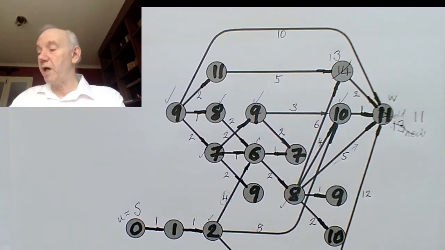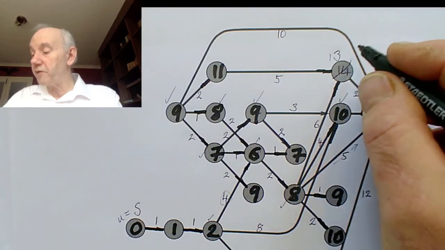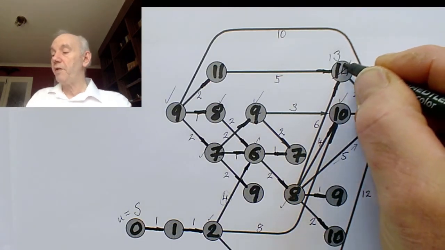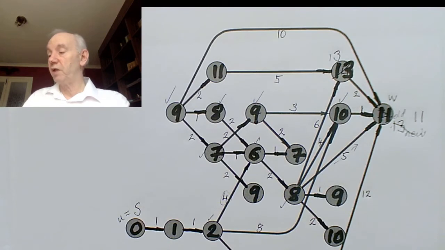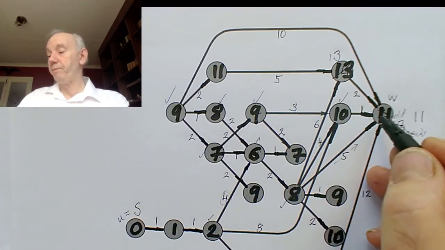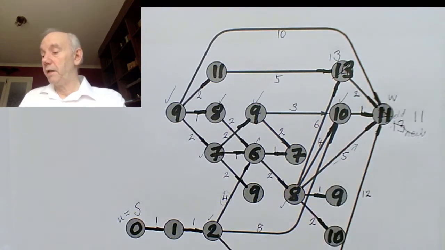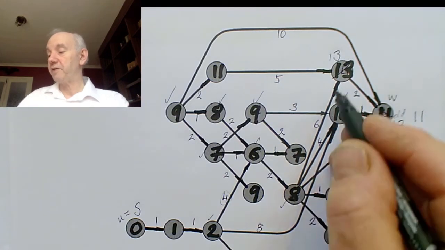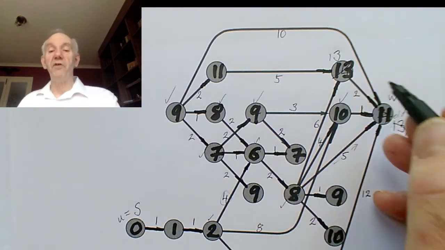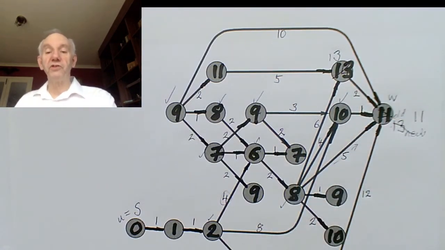This final temporary label becomes permanent, so we write 13 inside the circle, and that will be the correct shortest distance attained via 11, not via however it was before. 14 was from the 8. We can get better, we can get the 13 from the 11. So I've now found all the shortest distances.